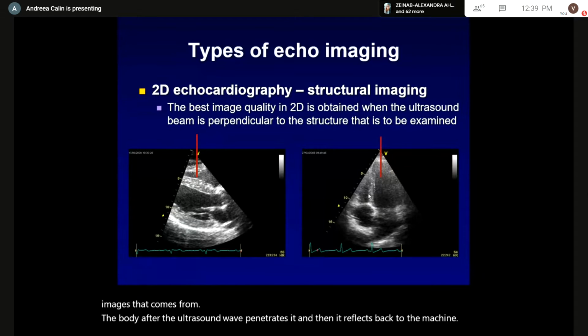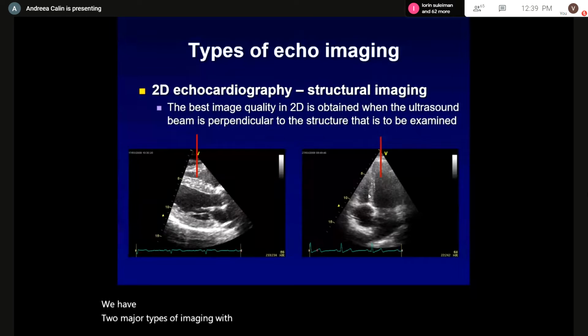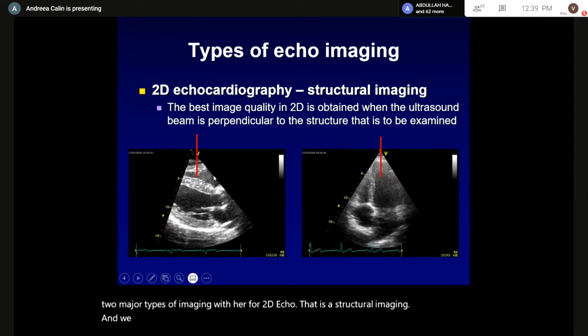We have two major types of echo imaging. We have 2D echo, that is a structural imaging, and we can see the structures. It's a grayscale imaging.